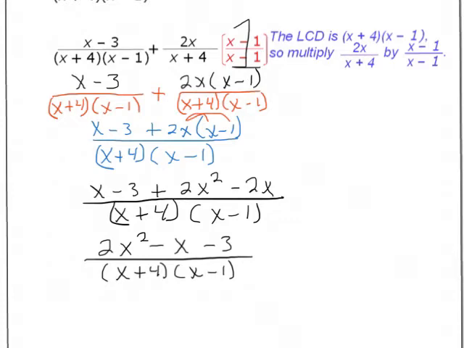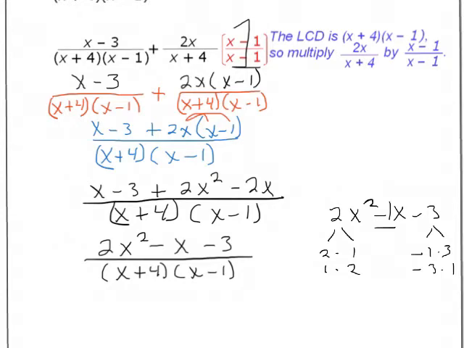So let's take this numerator, 2x to the second minus x minus 3, and I'm going to see if I can factor that. So 2 times 1, 1 times 2, over here negative 1 times 3, negative 3 times 1. We're going to see if we can find anything here that gives us a negative 1. It looks like this right here gives me a negative 1.